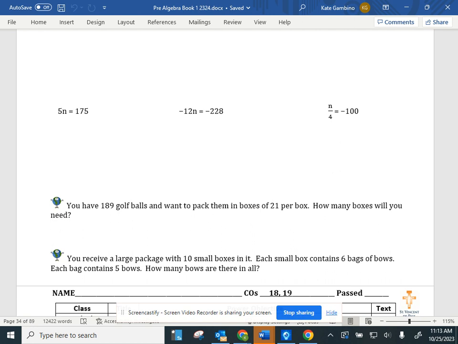If you have 189 golf balls and we're putting 21 in every box, is our number going to be bigger than 189 or smaller? Smaller, right? We're putting 21 in every box, so we're going to need fewer boxes than how many golf balls we have. Make sure it logically makes sense.